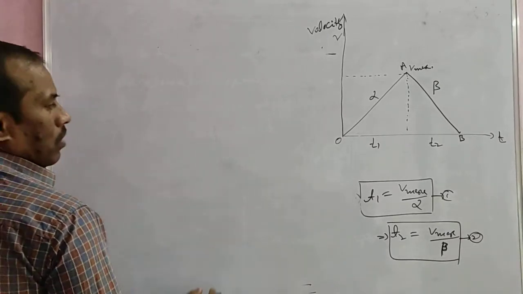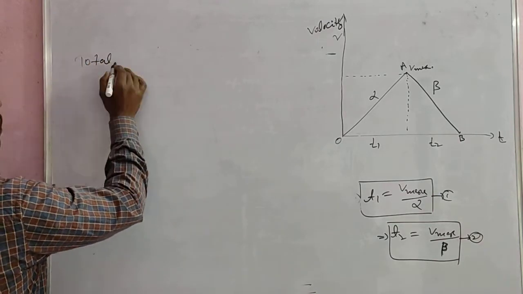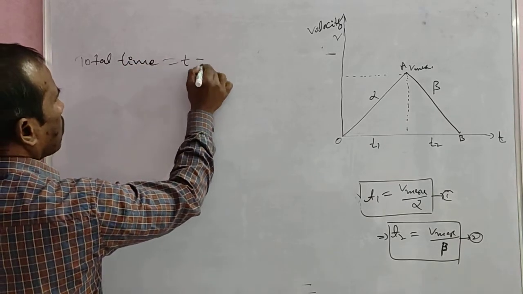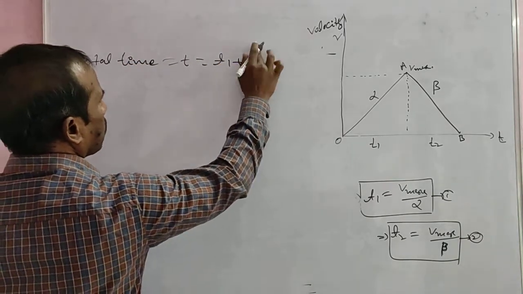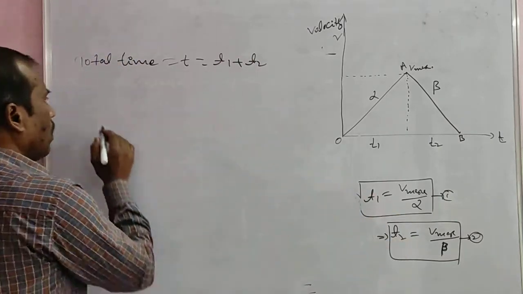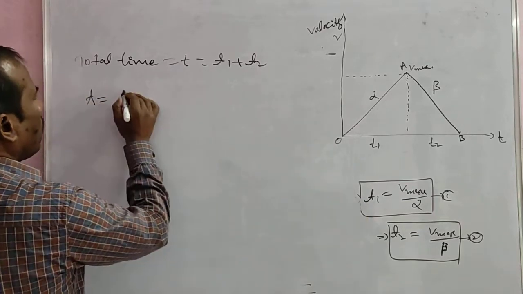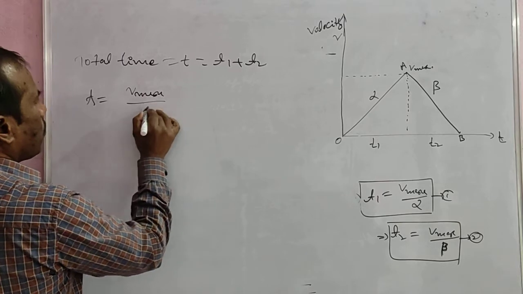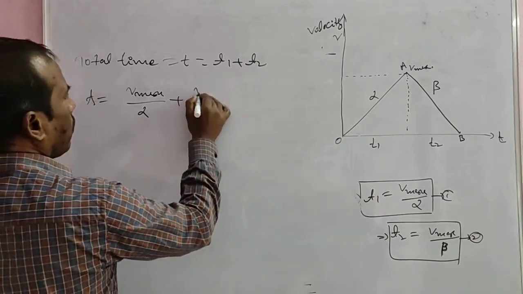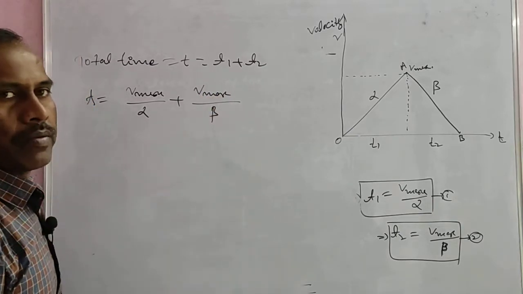Substituting equations 1 and 2 in this equation, T, the total time, is equal to V maximum by alpha plus V maximum by beta.